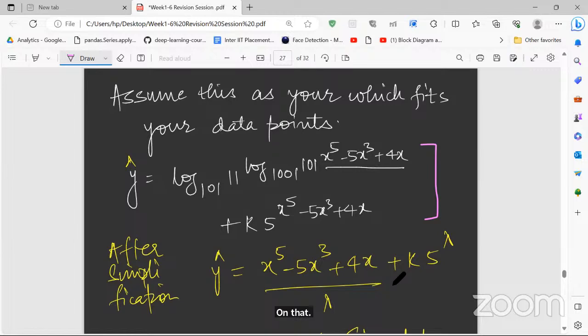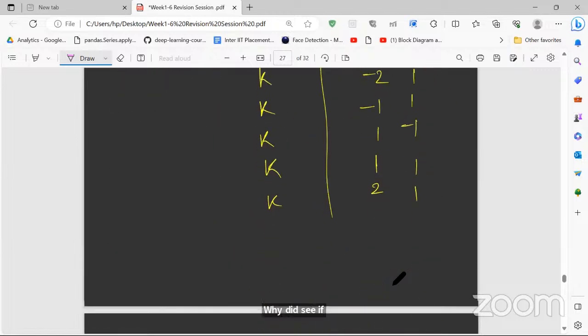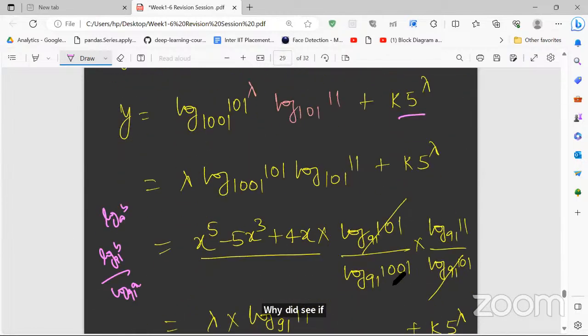See, if you are solving this question, this part was clear. Whenever you are writing, you can write it something like log A, there's no problem.